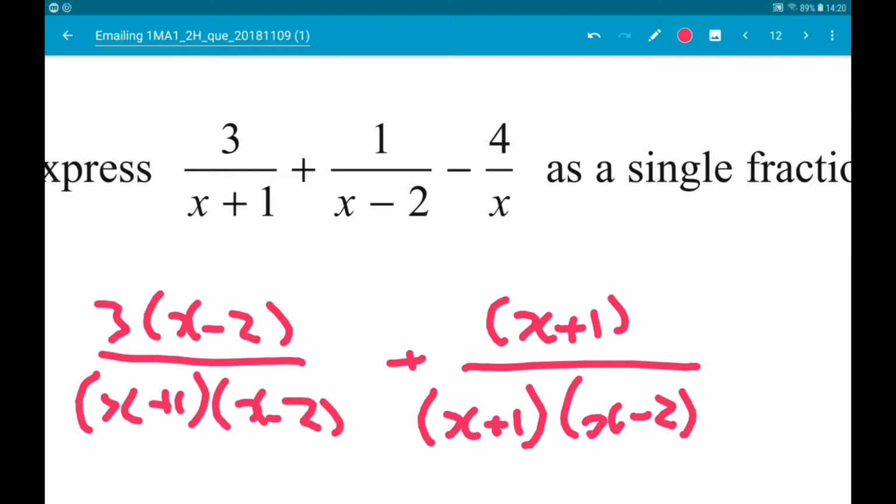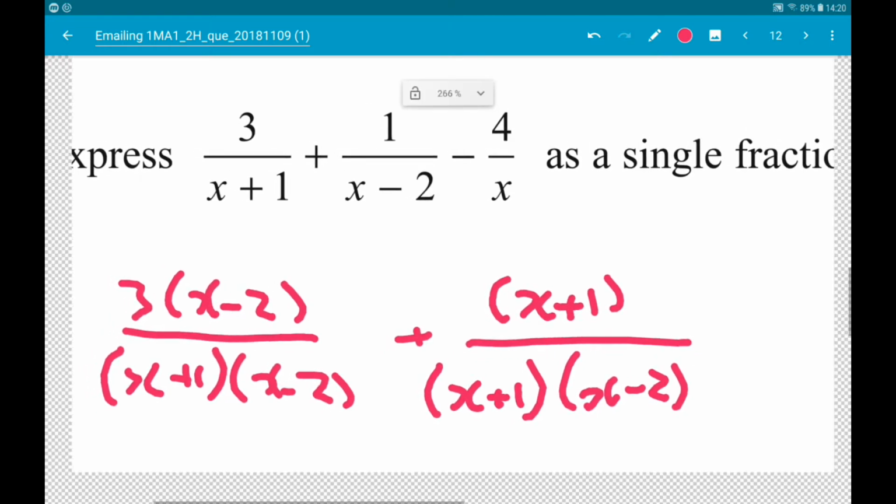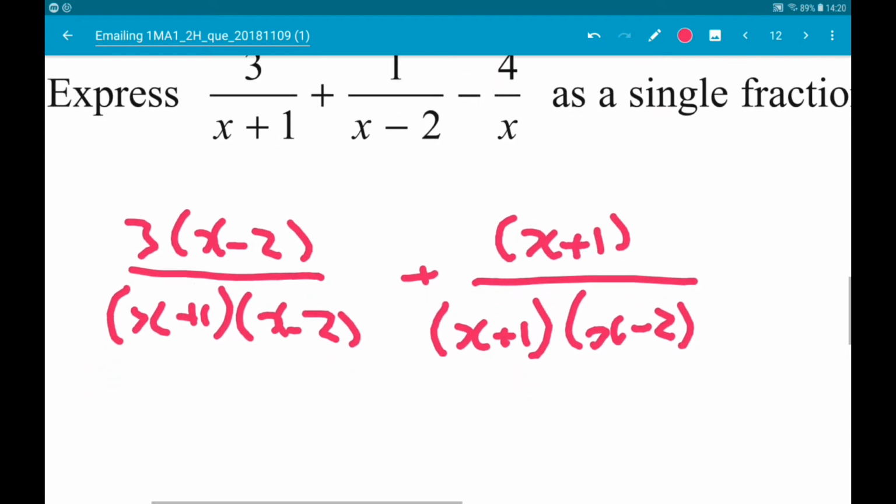Okay, now that they have the same bottom, we can just add across the top. So, if we expand those brackets on the first one, we have 3x minus 6. Then we have plus x, so we have 4x.